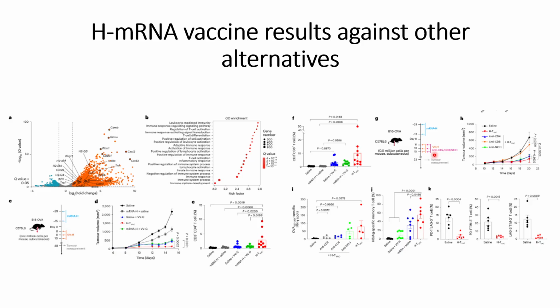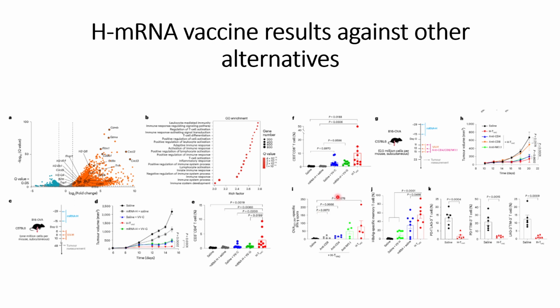For that they used different antibodies to deplete the individual immune cells, such as anti-CD4, anti-CD8 and anti-NK1.1 natural killer cell antibodies. They saw that the tumor volumes were still suppressed even when they used anti-CD4 and anti-NK1.1 antibodies, whereas when they used the anti-CD8 antibodies, the effect of the H-mRNA vaccines diminished, indicating that it is the CD8 cells that play a role in this tumor suppression.